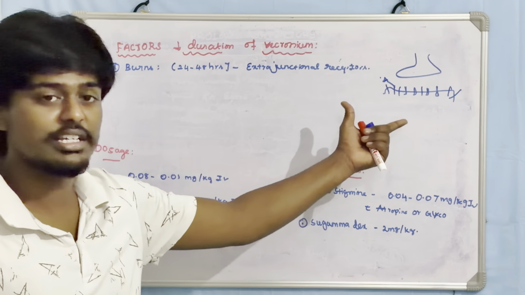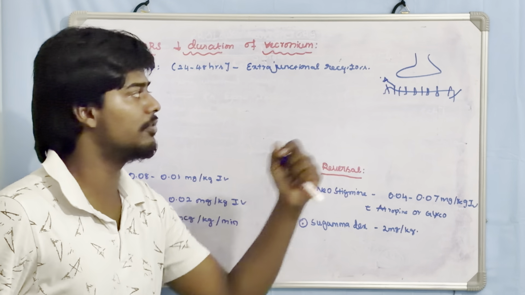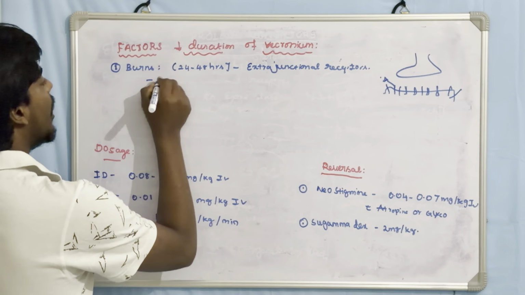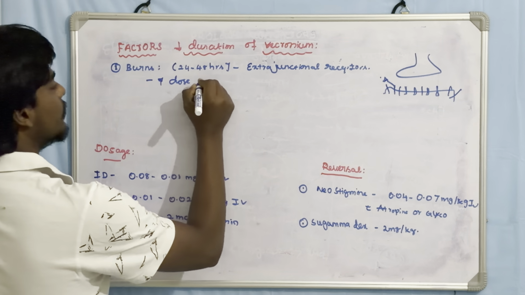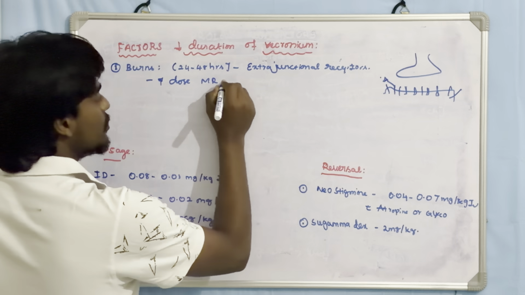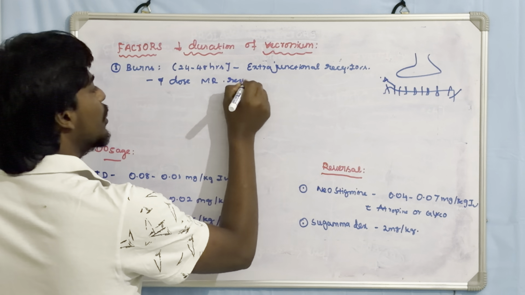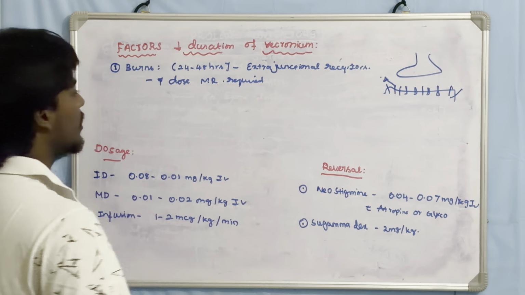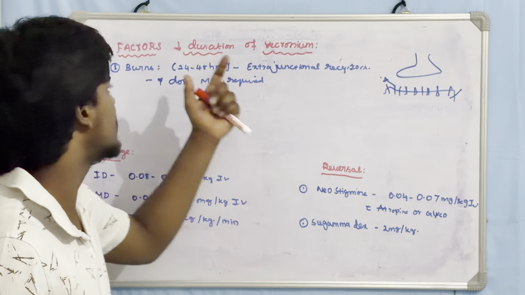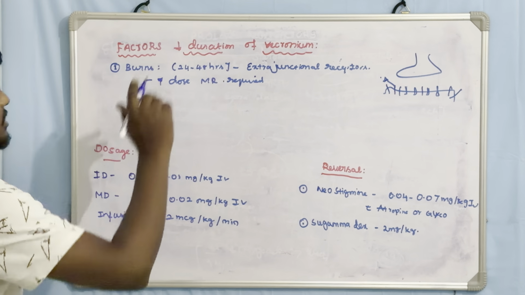Due to the increased number of receptors in the muscle end plate, a high dose of muscle relaxant, in this case Vecuronium, is required to produce the effect. So the extra junctional receptors make the duration of the Vecuronium shorter.